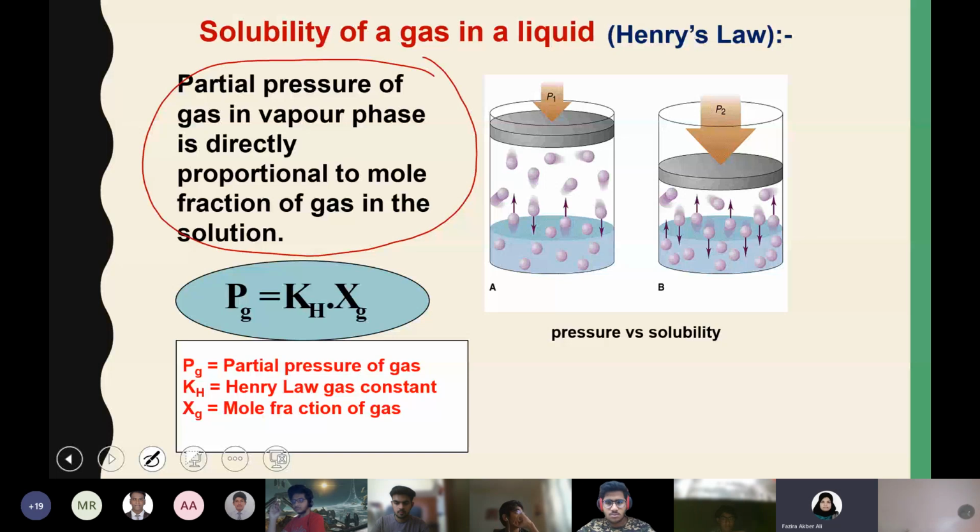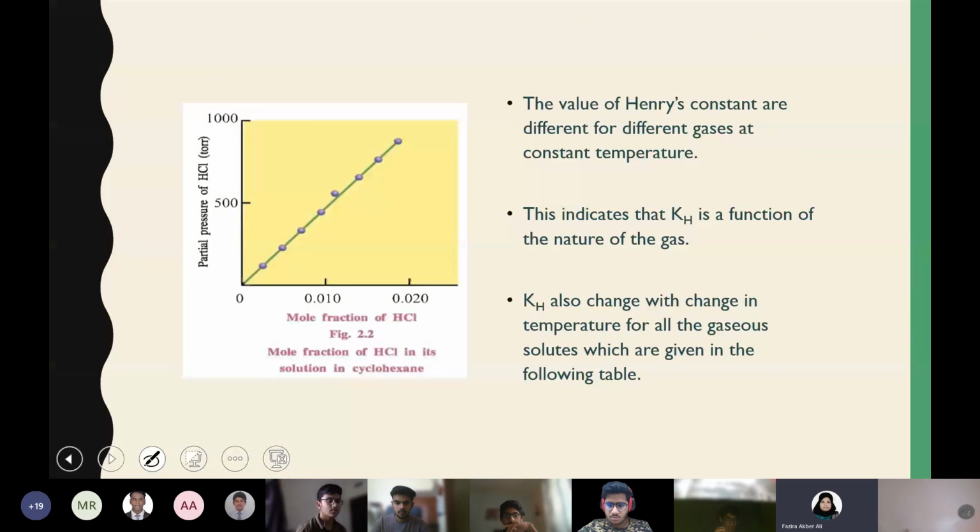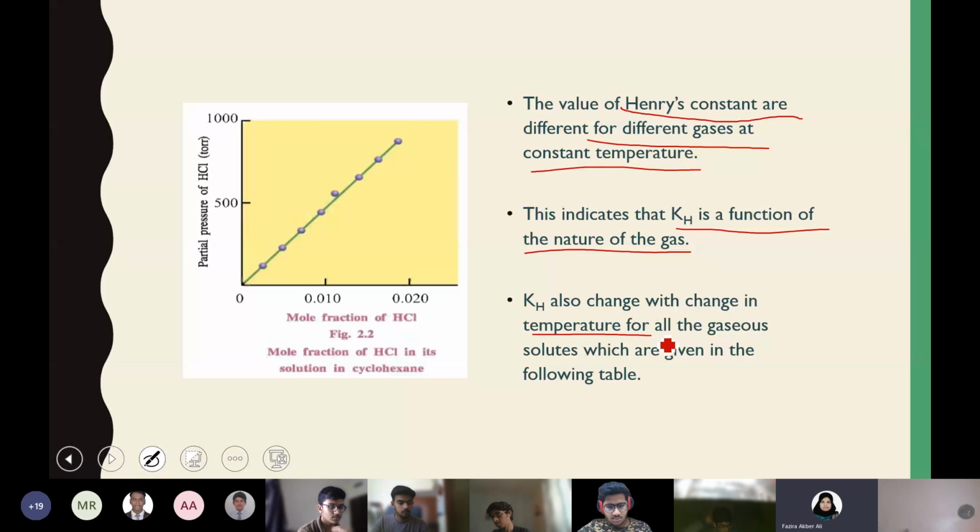Now what we're going to discuss in detail is the factors affecting the Henry's law constant. You can see that Henry's law constants are different for different gases at constant temperature. That means it is a function of the nature of the gas, and it also changes with the temperature.